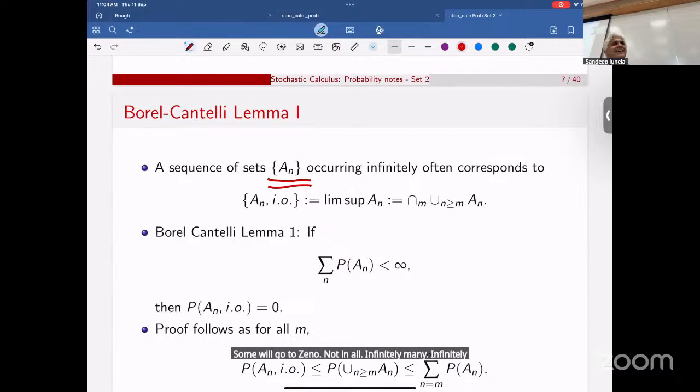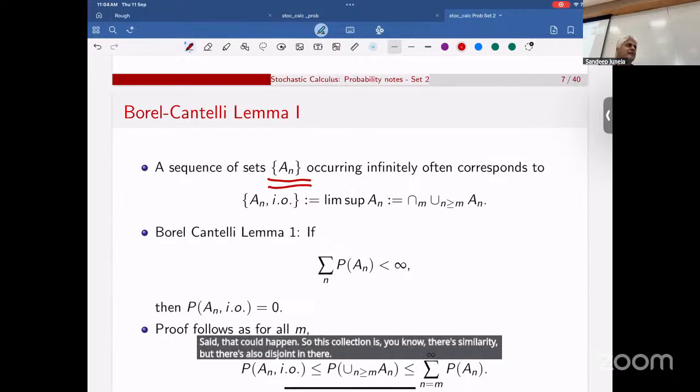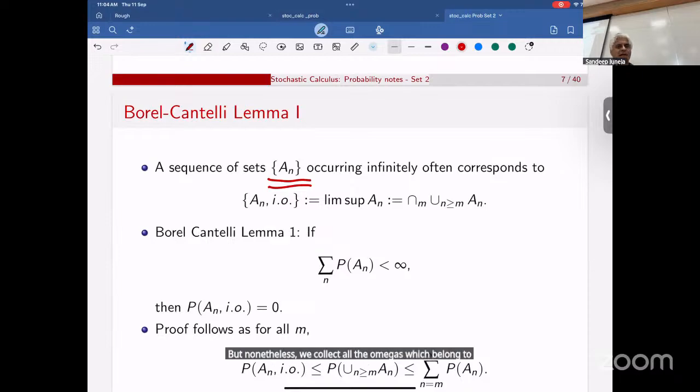It could be that every omega belongs to a different set of infinitely many sets. That could happen. So there's similarity, but also disjointedness. Nonetheless, we collect all the omegas which belong to infinitely many. And it's a very natural notion in convergence, because if convergence is violated, it's violated infinitely often.